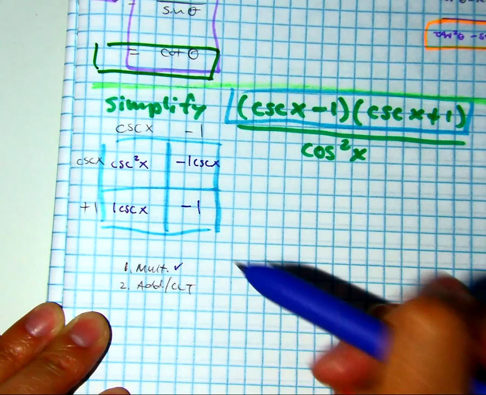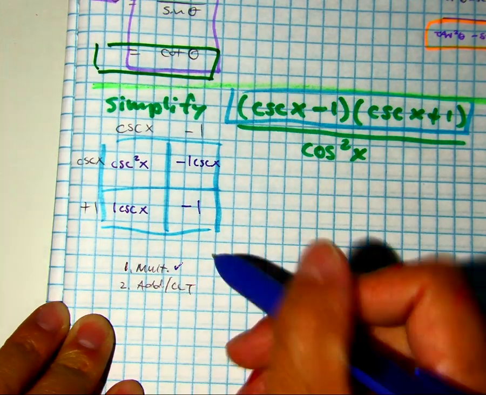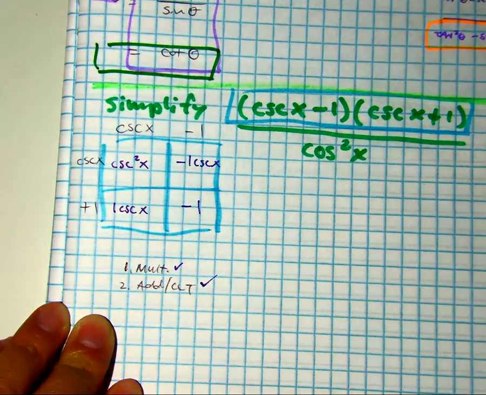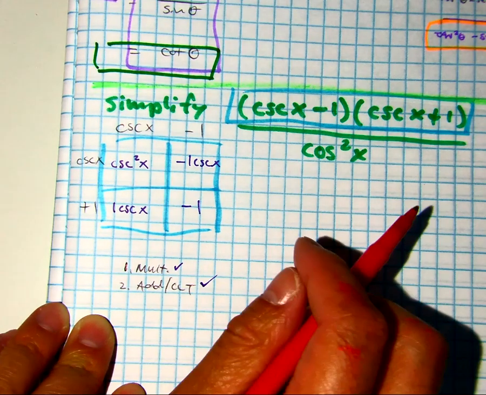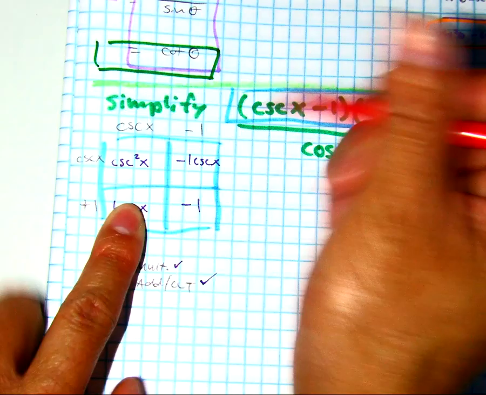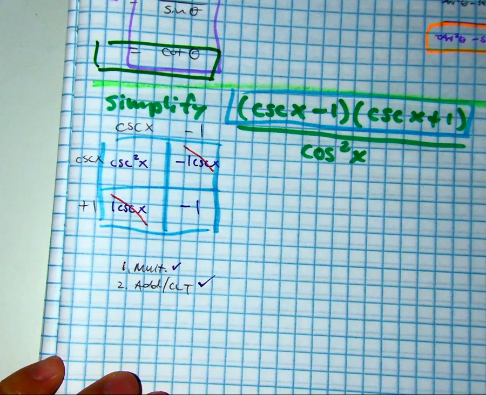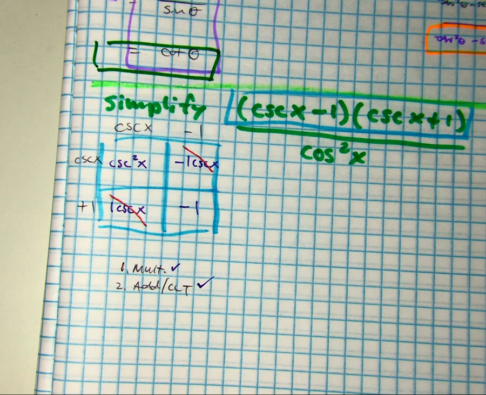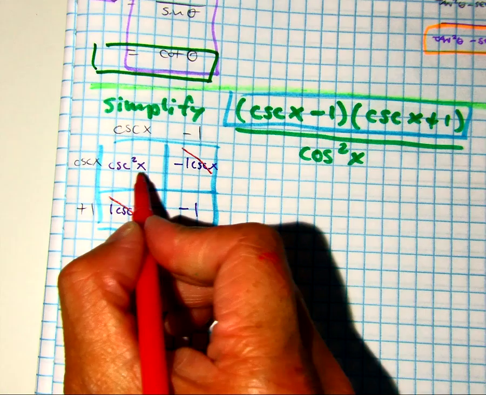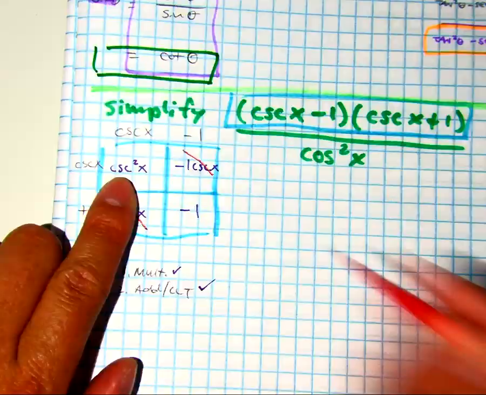We just multiplied. And now we're going to add or combine like terms. Class, are there any like terms? You essentially have a 1x and a negative 1x equals 0. So that cancels. Remember, these are synonymous.